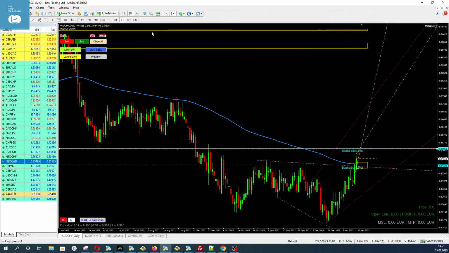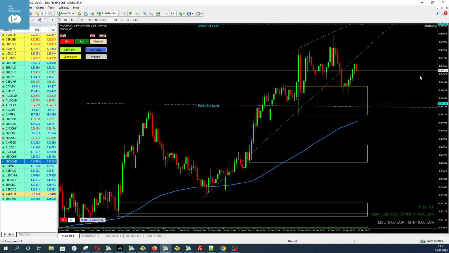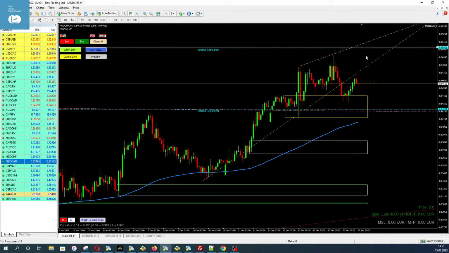Maybe it comes through, or it's also a good point for a little sell trade. If you see that it makes wicks and gets rejected from this daily resistance line, then maybe you can come into some sell opportunity.